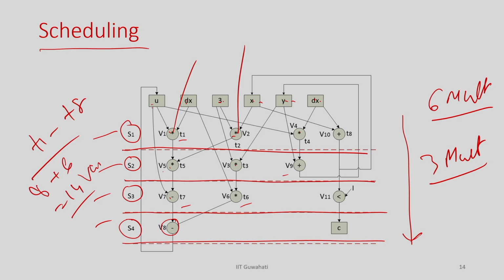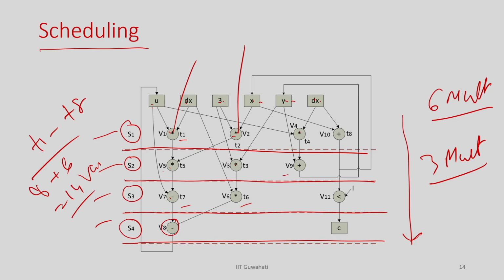The answer is yes, you do not need 14 registers, because that is the maximum possible, and it does not give you the best hardware. So the problem to solve now is: given the available variables and the schedule, identify the minimum number of registers needed to execute this behavior or store these variables. That is called register allocation.